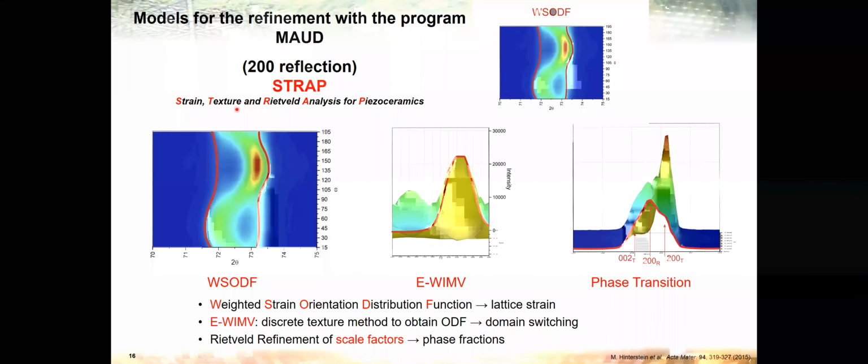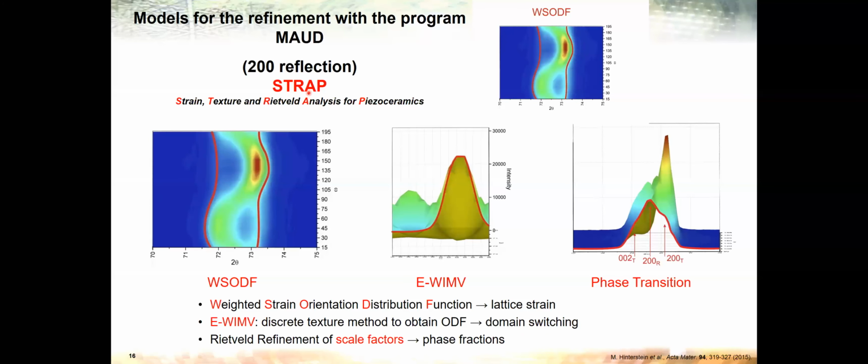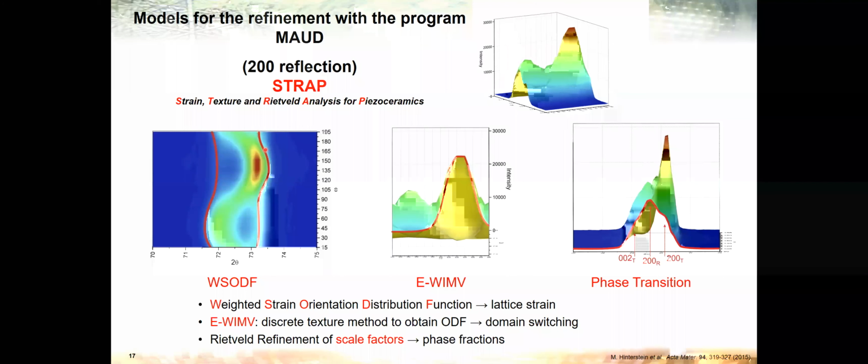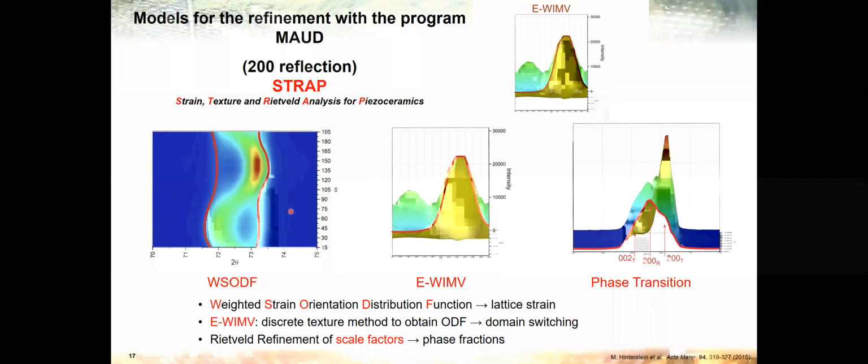So how does it work? We call this the strain texture and Rietveld analysis for piezoceramics, abbreviated STRAP. And so basically we have 3 models. We have the phase fractions we get from a classical Rietveld refinement, but on top of that we have a strain model where you can explain the shifts of reflections.